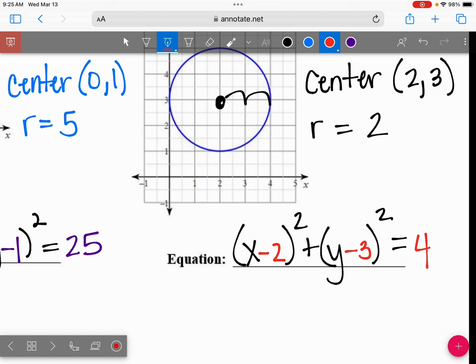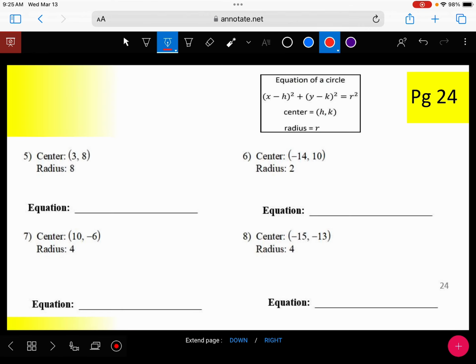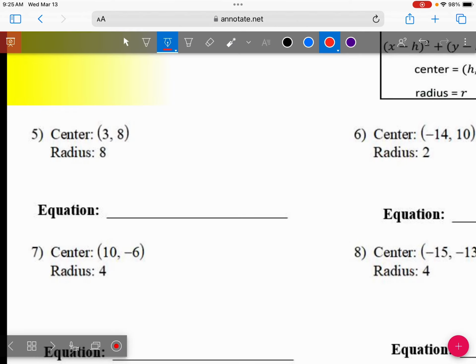All right, for the last 4, they give us the center and the radius, and we just have to write our equation. So let's go ahead and do it. So again, we just make our parentheses. X goes in the first, Y goes in the second. So I'm going to put the opposite of positive 3, and the opposite of positive 3 would be a minus 3.